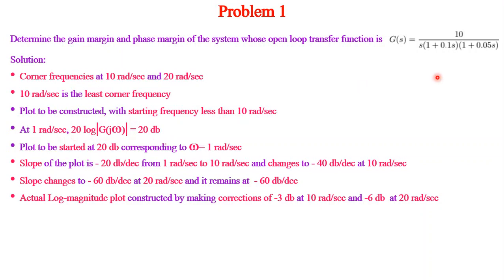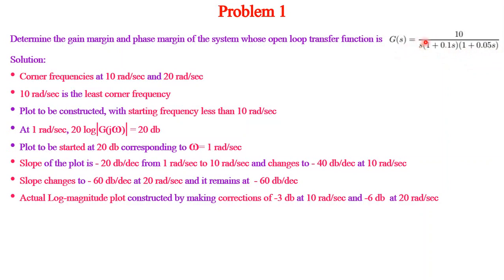At 1 radian per second, 20 logarithm of 1 by j omega is nothing but 0 dB. Then 1 by 1 plus 0.1s and 1 by 1 plus 0.05s have corner frequencies at 10 and 20 radian per second respectively. Therefore, they will be 0 only till their corner frequencies, so these two will not influence.